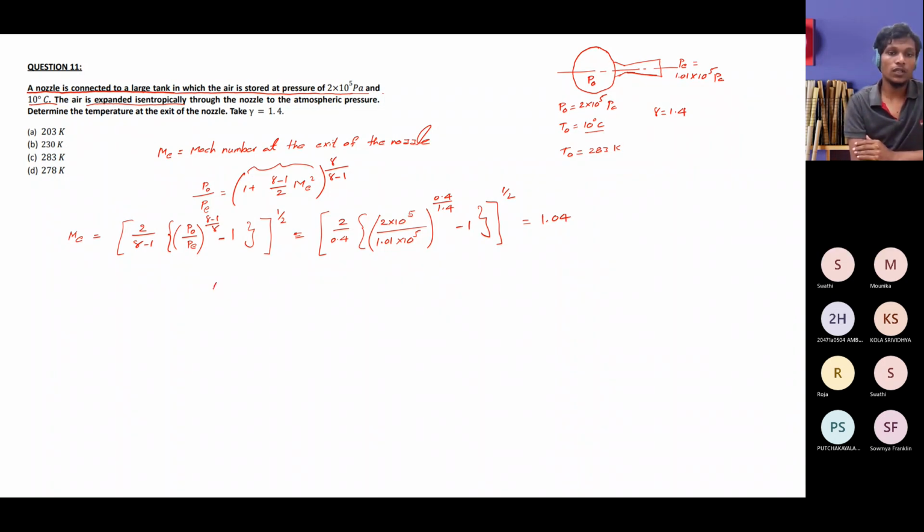And what is the relation for temperature ratios? That is T naught by TE equals the same inside this power, that is 1 plus (gamma minus 1) over 2 ME square. Note that the Mach number at the exit is supersonic. You should identify the characteristics also.